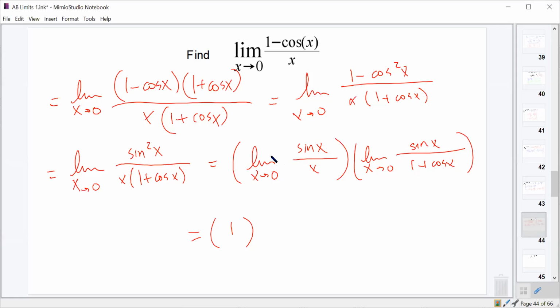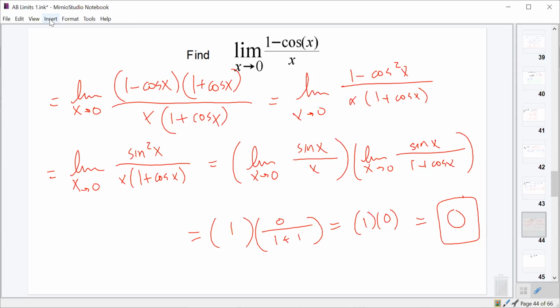Should be 1, right? And what about this one? Plug in 0, you get 0 over 1 plus 1. Oh, actually, that's okay, right? That's just 1 times 0, which is 0. So we've got the limit as x approaches 0 of 1 minus cosine x over x is equal to 0.